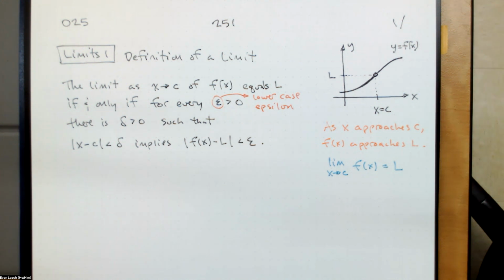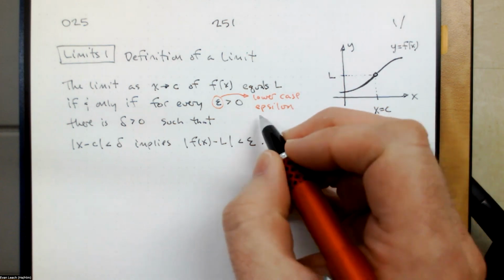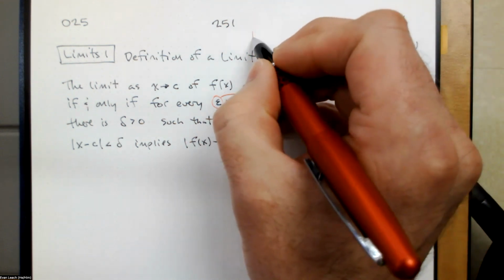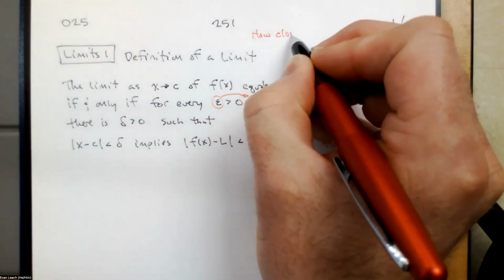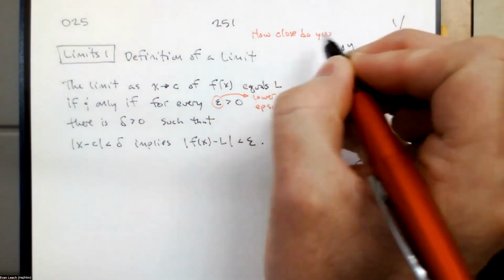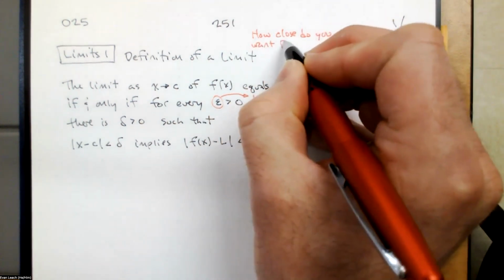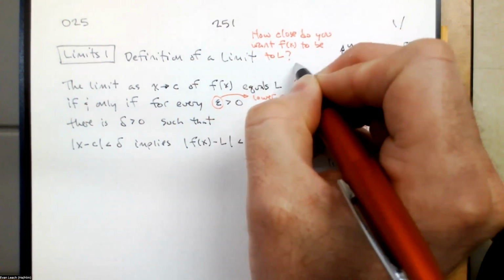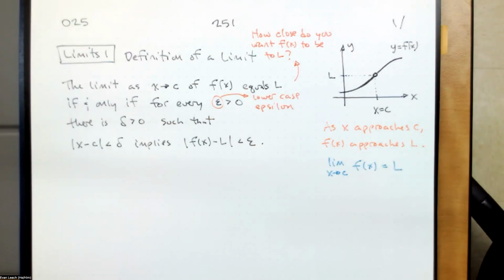Epsilon is how close we want f of x to be to L. So epsilon is our desired tolerance. f of x needs to be within 1/100th of L.